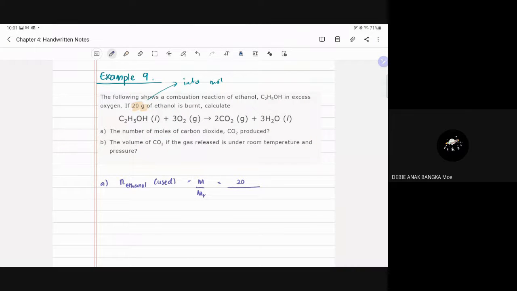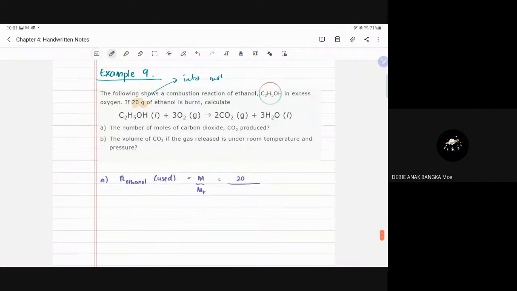Dalam mass dia adalah 2 kali 12, tambah 5 kali 1, tambah 16, tambah 1, which is 46. You should get 0.4348 mole. Okay, so this will be the number of mole.